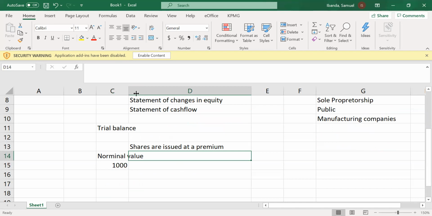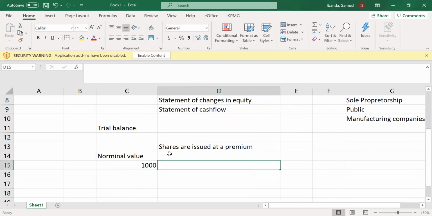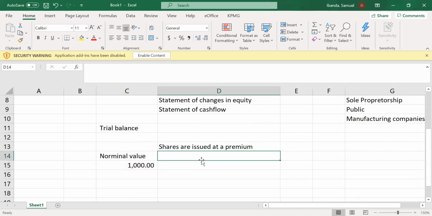What can happen is that the company can actually issue shares above the nominal value. We call it the issue price.